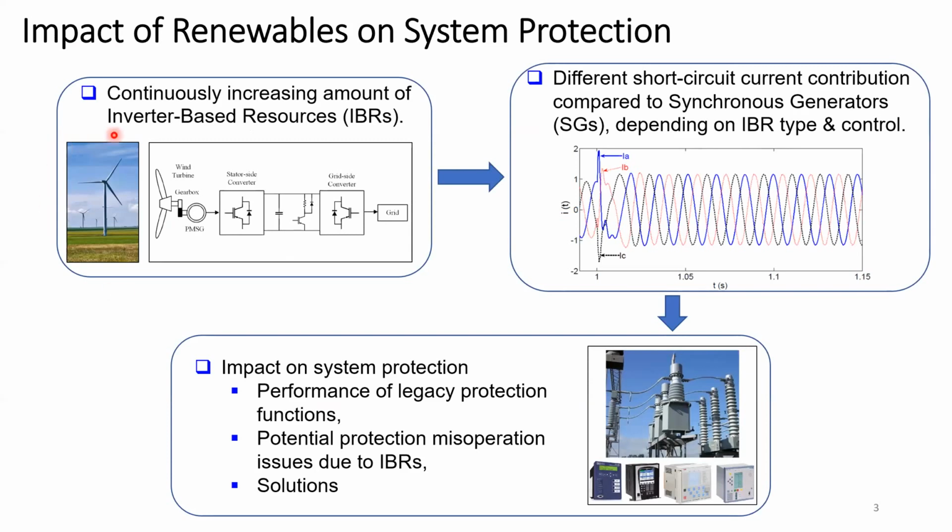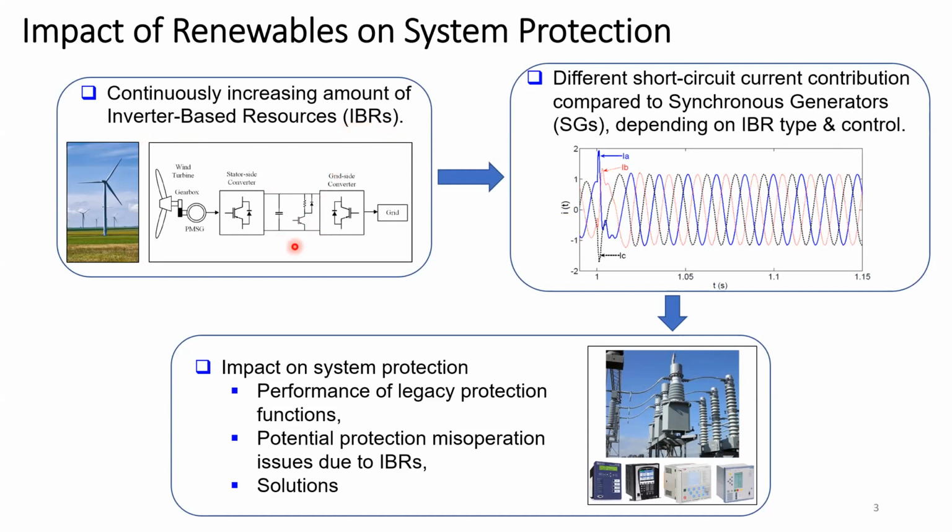Basically, with the increasing levels of renewable energy resources, such as wind and solar generators, the short circuit characteristics of power systems change. The reason is that mostly these resources are connected to the grid through a power electronic interface. That's why they're called inverter-based resources, IBRs.